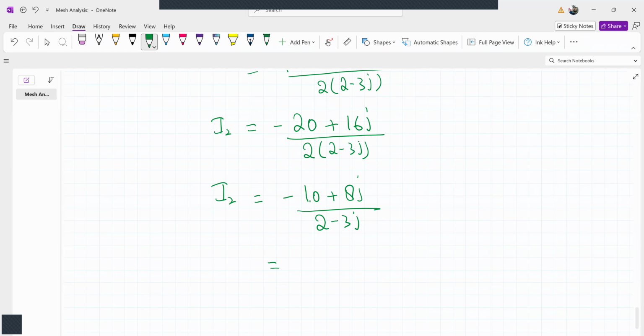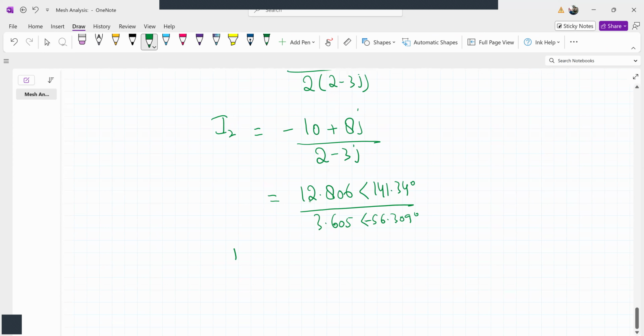So what is the polar equivalent of the numerator? The polar equivalent of the numerator is 12.806 at an angle of 141.34 degrees, divided by the phasor equivalent of the denominator, which is 3.605 at an angle of minus 56.309 degrees.